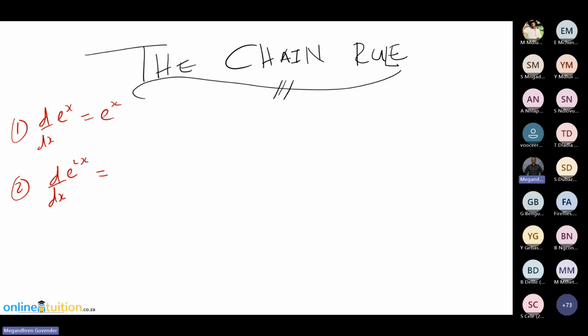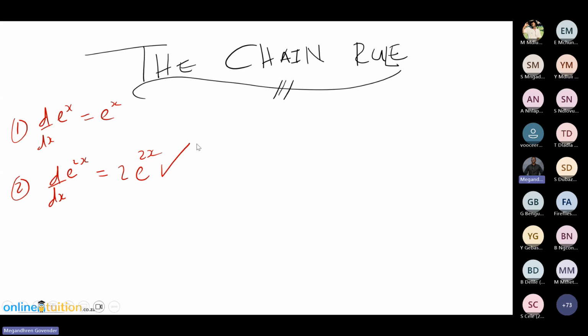What do you think the answer is going to be? The answer would be 2 times e to the 2x. That's right. That's absolutely correct. That's exactly what it is.